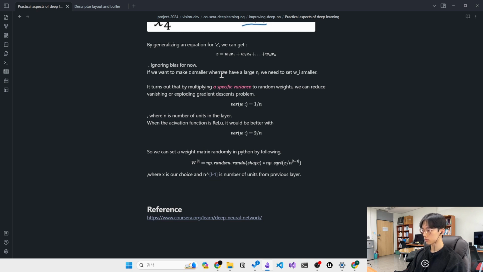And another version worked out by Yoshua Bengio and his colleagues, you might see in some papers, is to use this formula, which has some other theoretical justification. But I would say if you're using a ReLU activation function, which is really the most common activation function, I would use this formula.